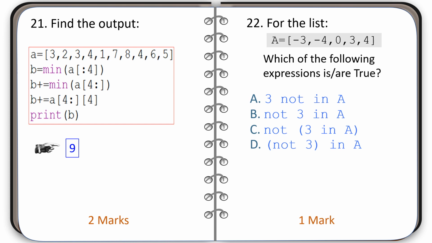In this question you are given a list A with 5 elements, -3, -4, 0, 3 and 4. And according to this list, you have to find out which of the given expressions are true. Pick the correct methods, and the correct options are only D.